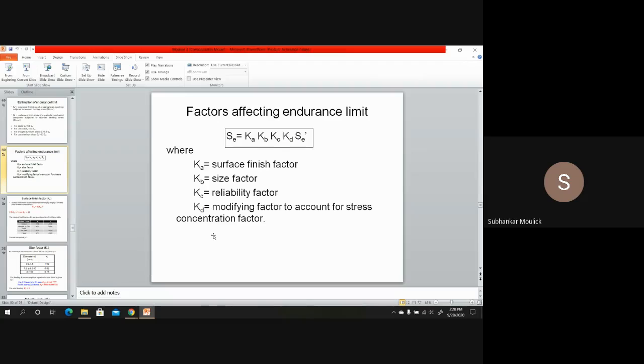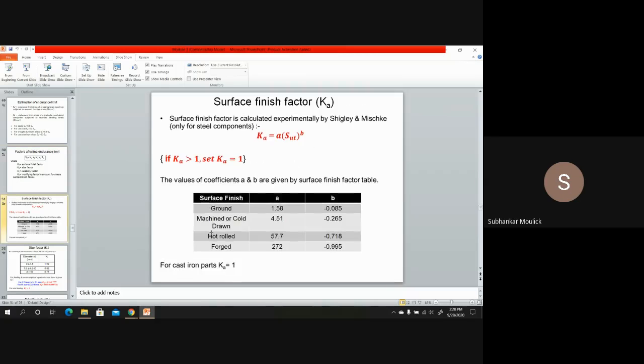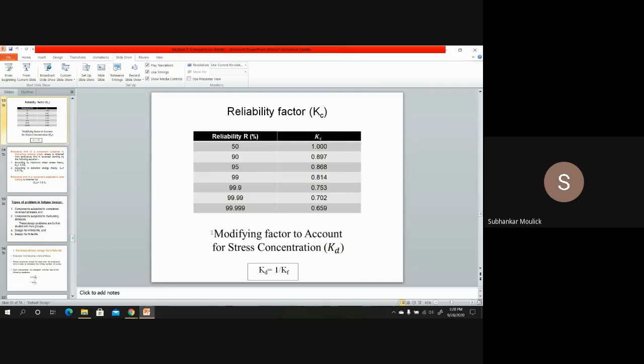So is it clear how to calculate all these values? Surface finish factor, size factor, reliability factor, and modifying factor. Any doubt so far?